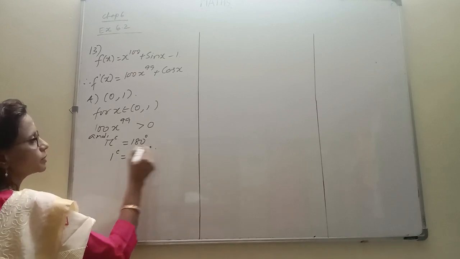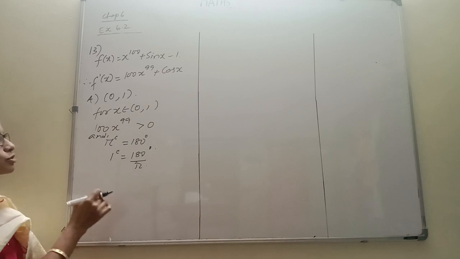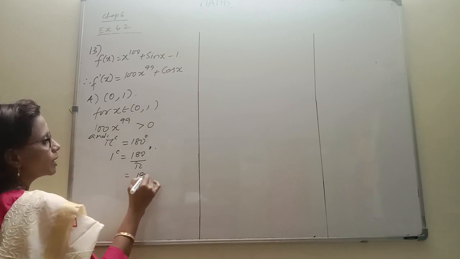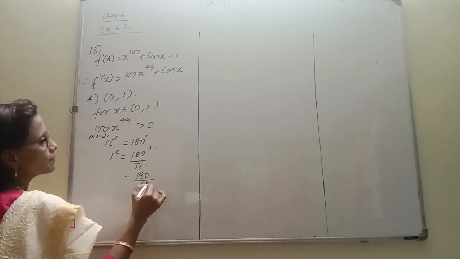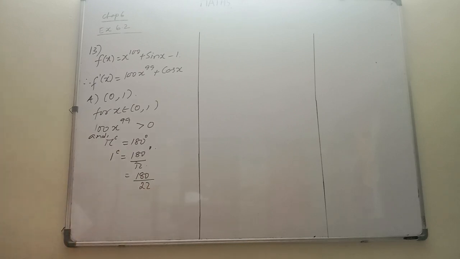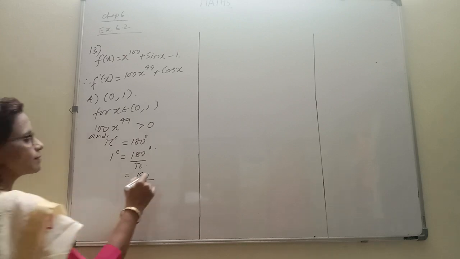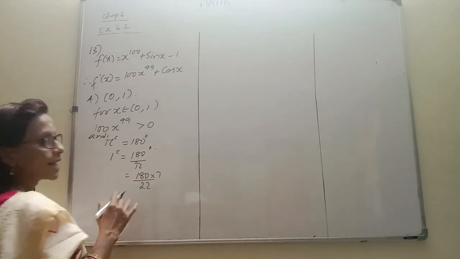So we are talking of 1 radian, which is 180 by 22 by 7, or 180 into 7 by 22, and so on.